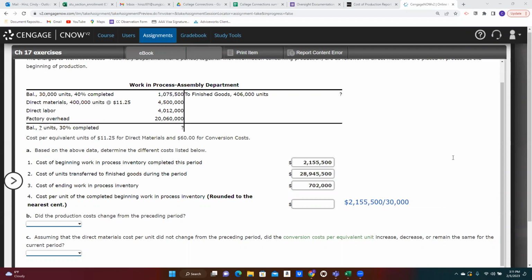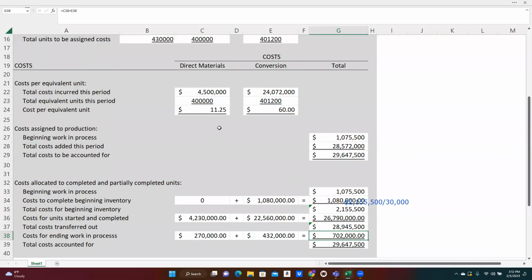So what is 2 million? Let's see here. 2,155,500 divided by 30,000. That is a cost of $71.85 per unit. Now we already know from the production template how much it costs for the current units. $60 for conversion costs, $11.25 for the direct materials.